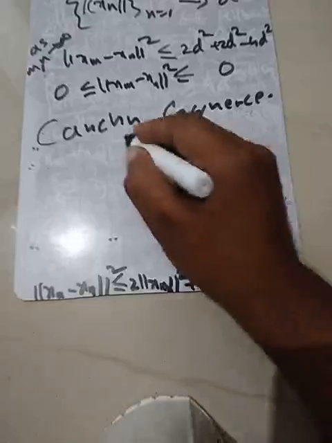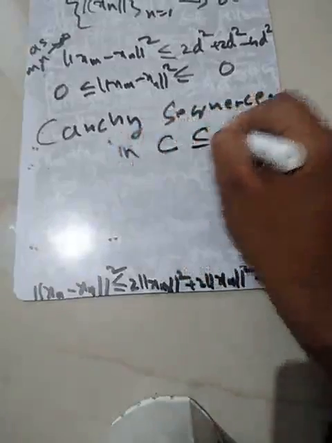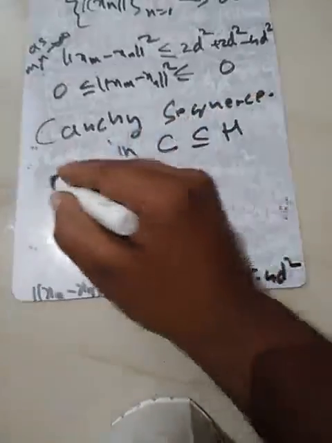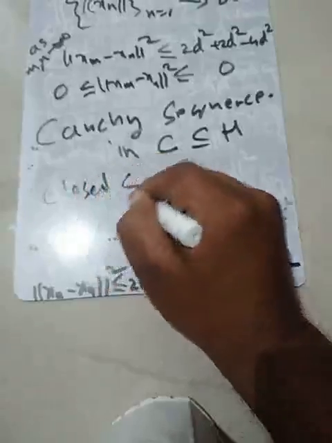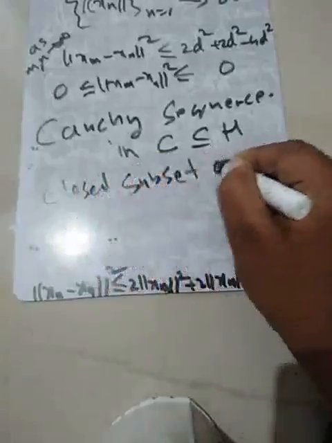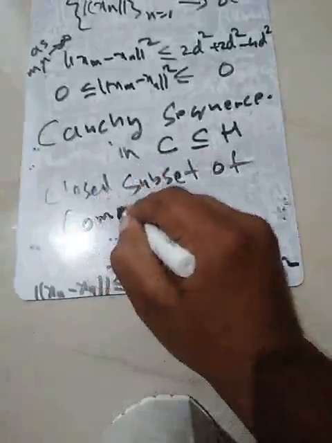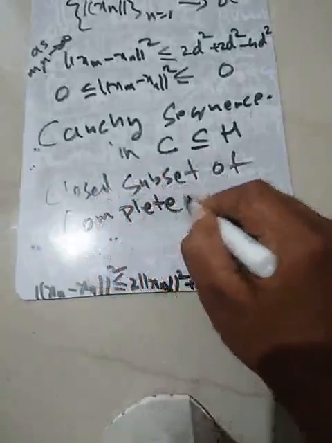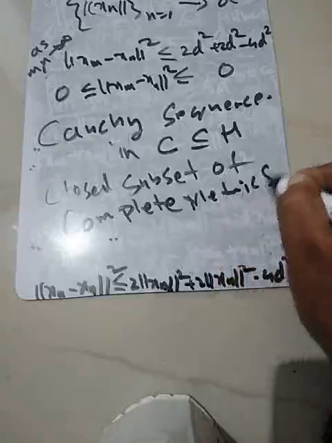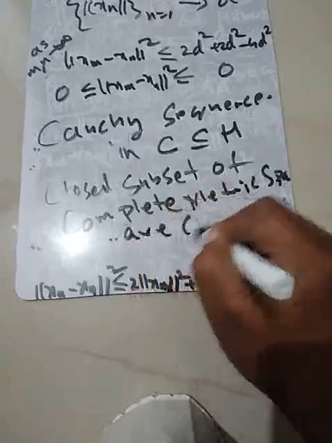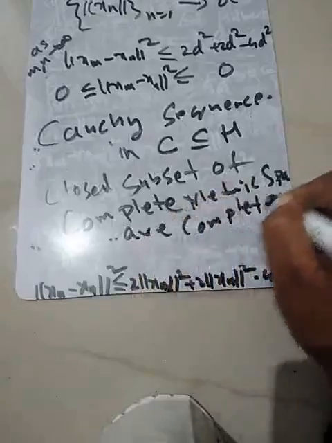It's a Cauchy sequence in C, and C is a subset of H, and C is a closed subset of H. A closed subset of a complete metric space is complete. This is a fact we have proved earlier in metric spaces.